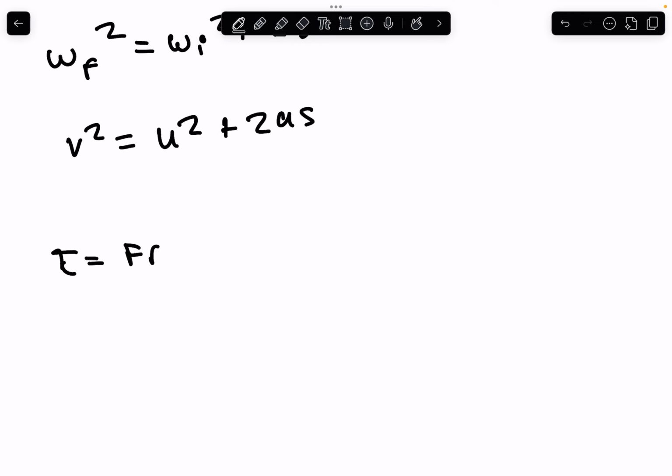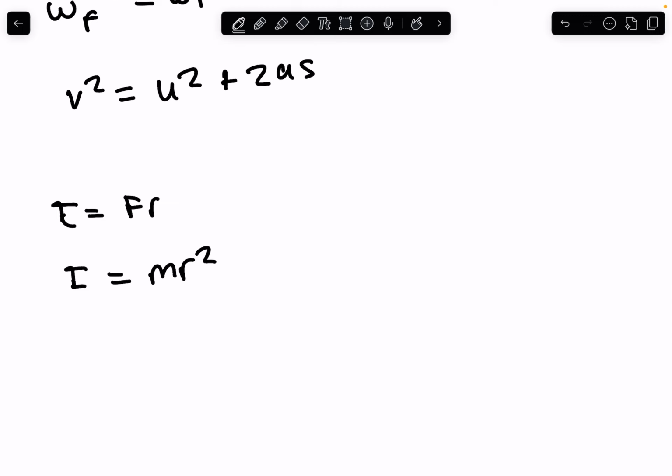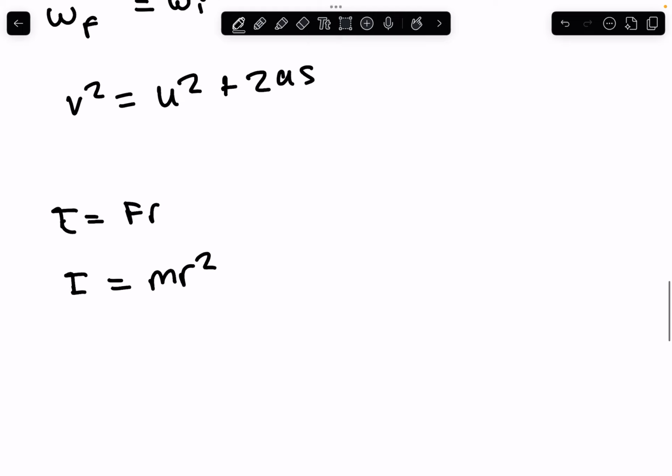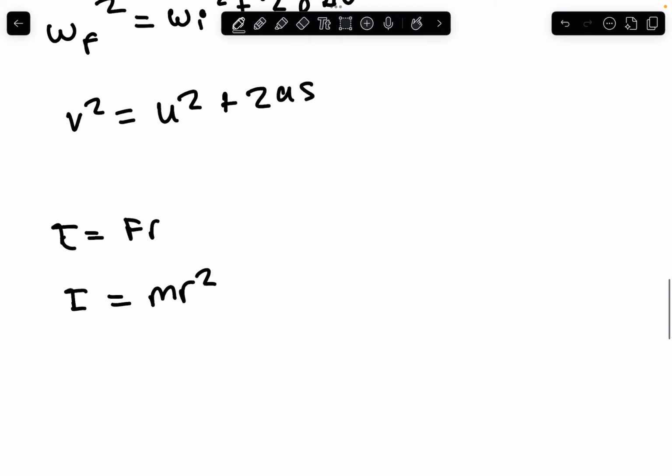Now, since torque is the force equivalent in rotational mechanics, we also have a mass equivalent in rotational mechanics. This is known as the moment of inertia, denoted by I. It is equal to mr squared, where r is also the distance from the pivot point and m is the mass. But here's something different.